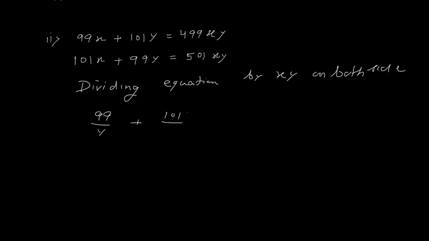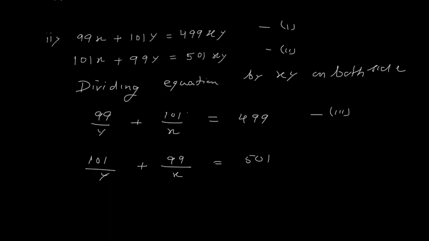Now when we divide by xy, x cancels, so I will have y in the denominator, and here I have x in the denominator, and here it is 499, and 101 upon y plus 99 upon x will become 501. Okay, consider this as equation 1, this as equation 2, this as equation 3, this as equation 4. I am using Roman numerals, you can take English numbers like 1 to 3.